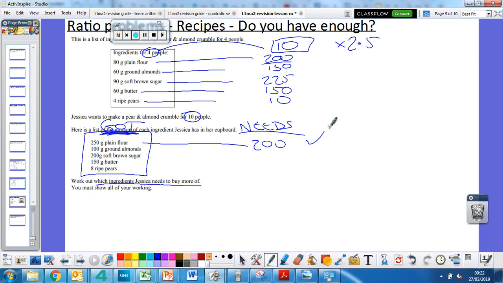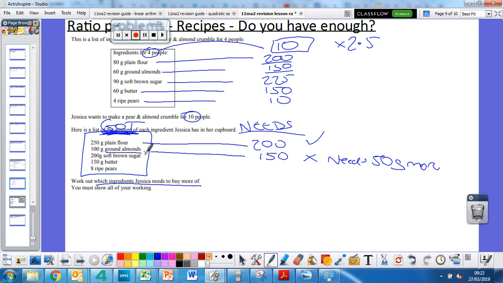With the 100 grams of ground almonds, she's got 100, but she needs 150. Does she have enough? No. She needs 150. She's only got 100. She needs 50 grams more for the ground almonds.